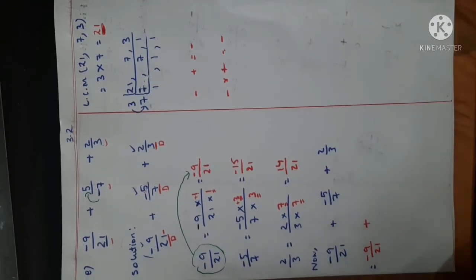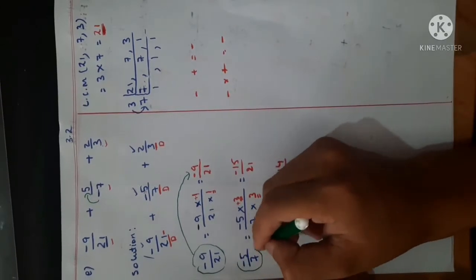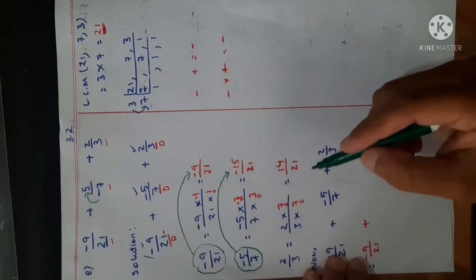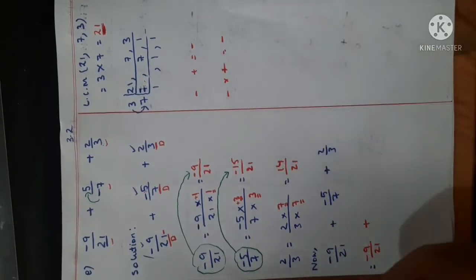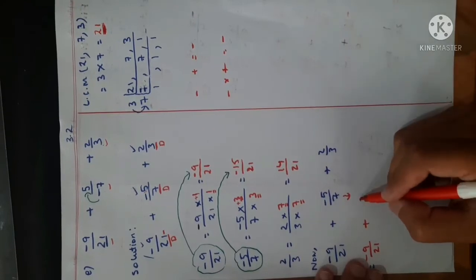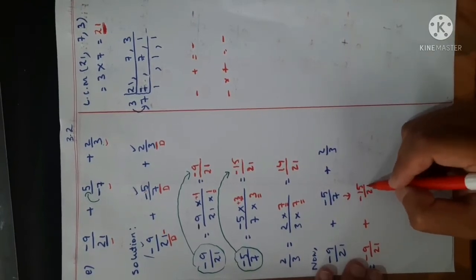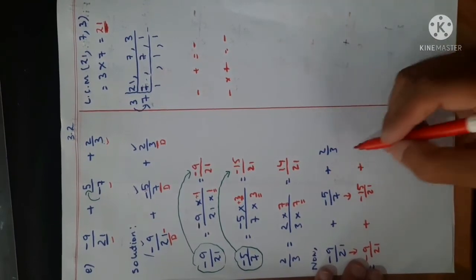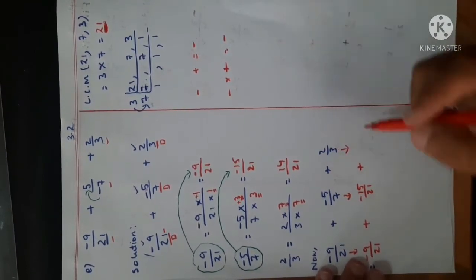Minus 5 by 7. So look here, the equivalent rational number of minus 5 by 7 is minus 15 by 21. So in place of minus 5 by 7, we just write minus 15 by 21. This is a plus, so plus. And in place of 2 by 3, what do we have to write?